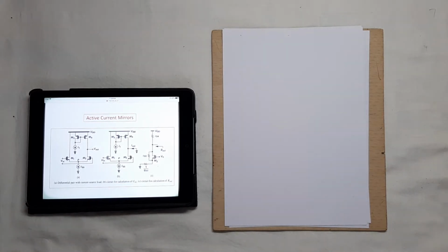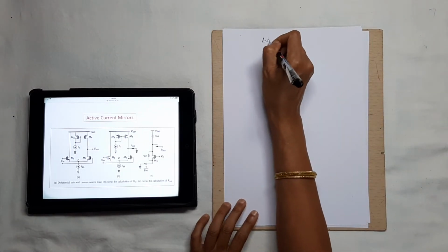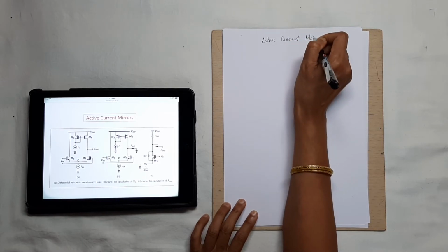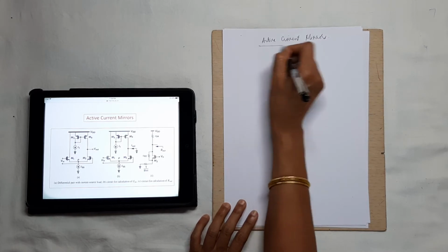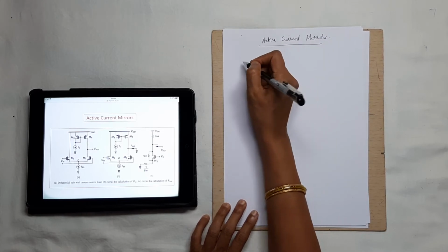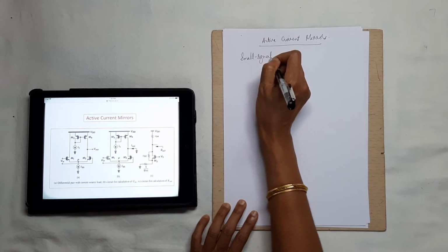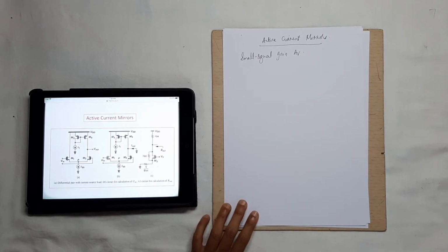Now for this particular circuit, we will derive what is the small signal voltage gain. The active current mirrors. Let us see what is the small signal gain AB.